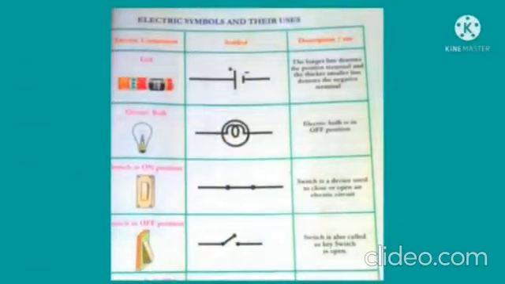Observe the picture of electric symbols, the components and their uses: electric cell, bulb, switch on position and off position. These are the electric components and their electric symbols.